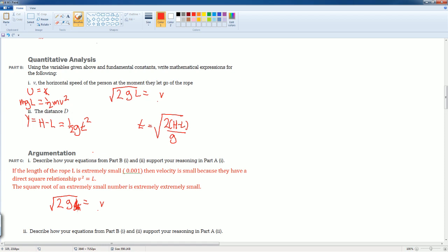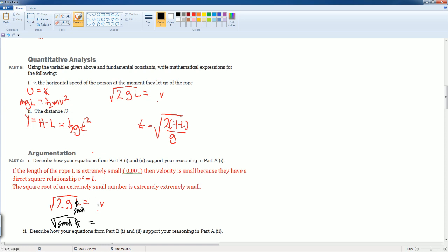This goes super small. Right, this is small now. Then when you take the square root of a small number, you get an extremely small number.